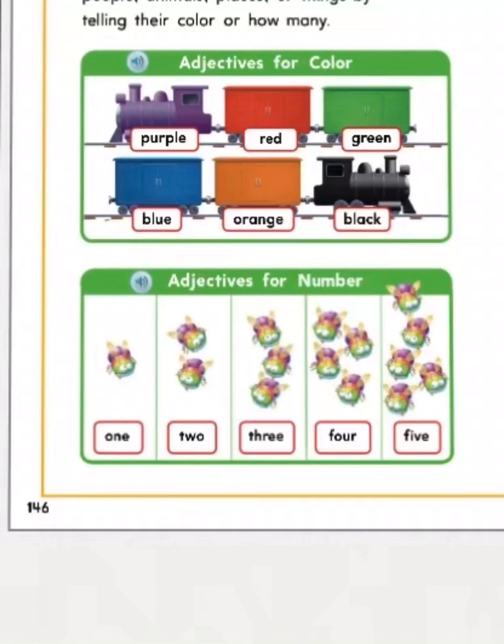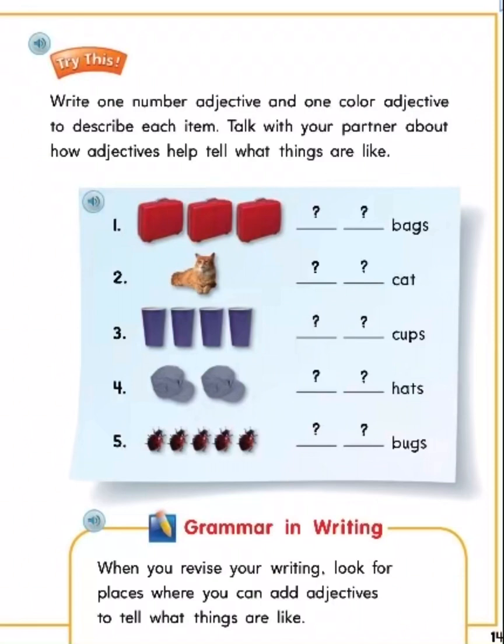Adjectives for number: 1, 2, 3, 4, 5. Try this. Write one number adjective and one color adjective to describe each item. Talk with your partner about how adjectives help tell what things are like.